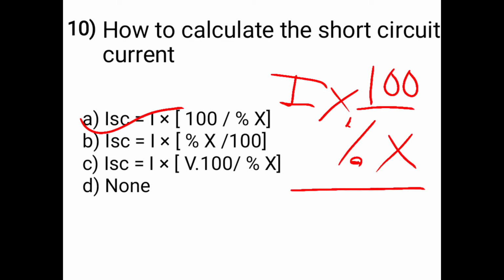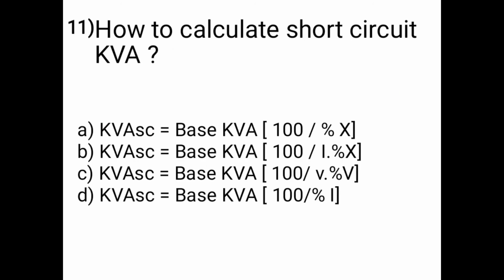Then next question is how to calculate short circuit KVA. Options are: A, short circuit KVA is equal to base KVA in bracket 100 divided by percentage reactance.